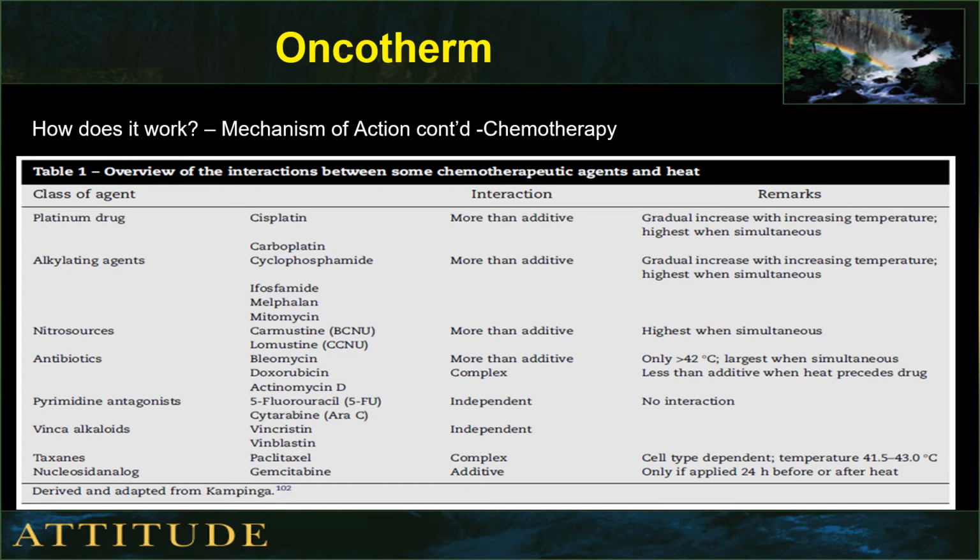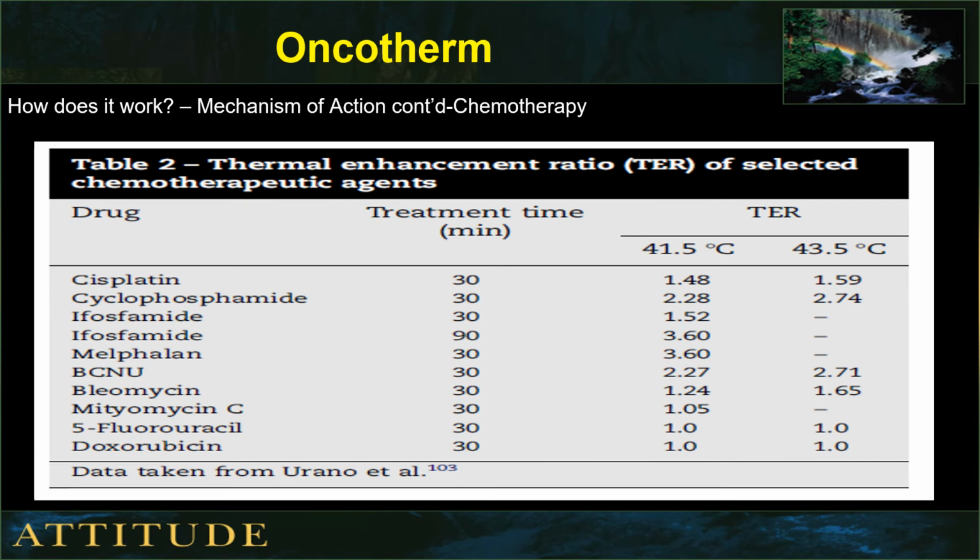So again, as you see here, this is table 1. Now, this next table is the TER, the thermal enhancement ratio, what we talked about, comparing heat at a certain degree to a specific chemotherapeutic agent. As you can see, cisplatin, when raised to 41.5, had a thermal enhancement ratio of 1.48.